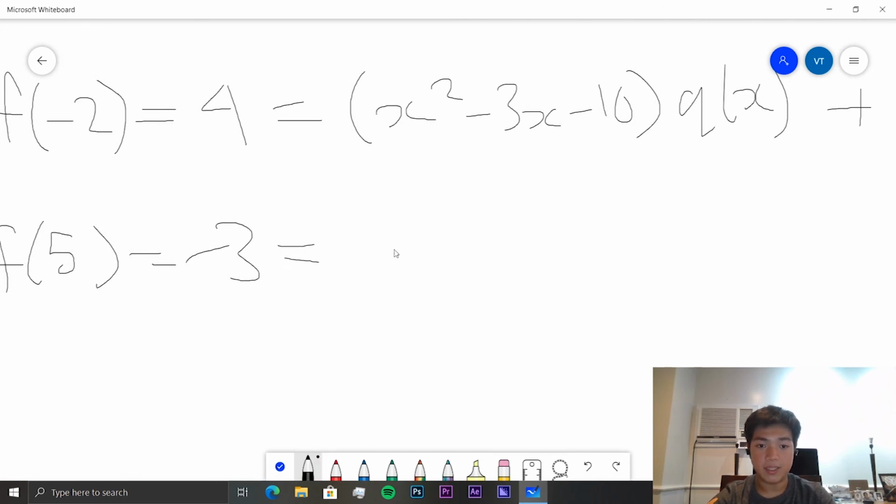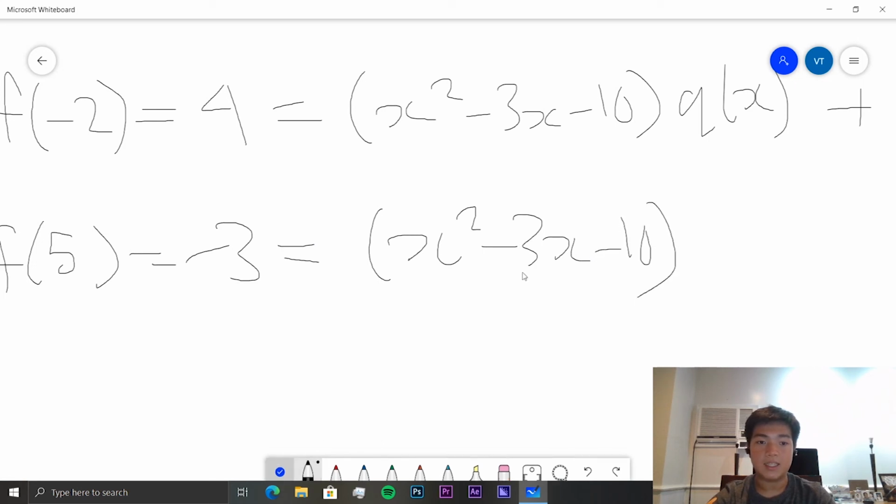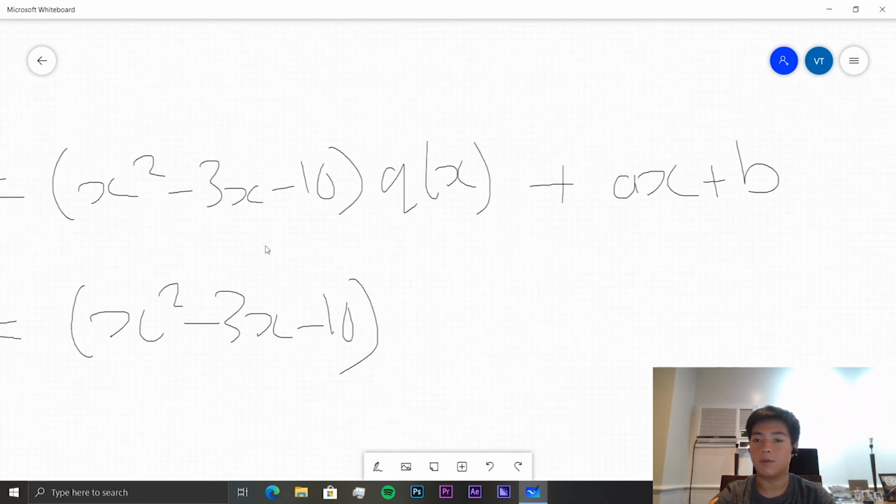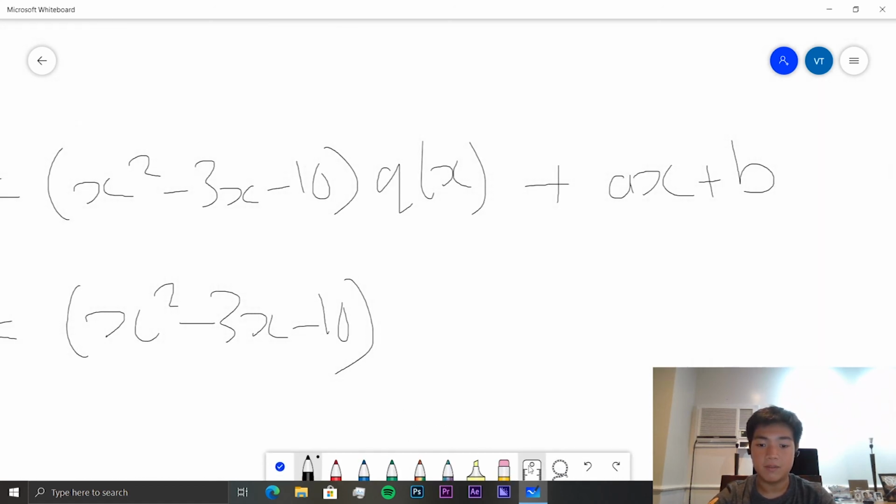Similarly, over here we can say that's equal to x squared minus 3x minus 10 times q of negative 2, and then plus minus 2a plus b, because x should be negative 2.